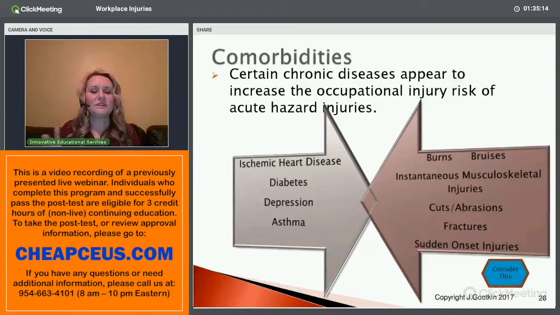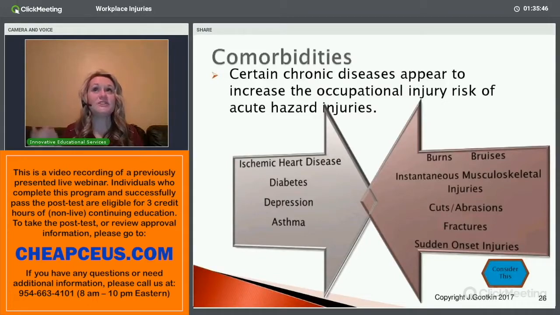And it shows here that there are definite linkages, that the individual is not going to heal as well, but also that these are opportunities of where we can intervene. For ischemic heart disease, diabetes, even asthma, there are actions the individual can take, modifications to improve in those areas, and then hopefully it'll decrease their incidence and increase the speed of their recovery.